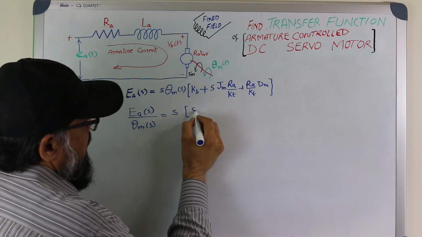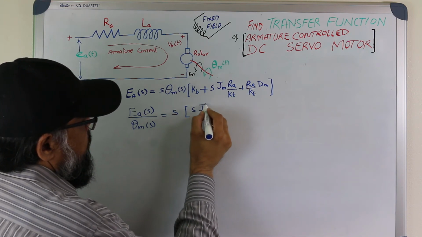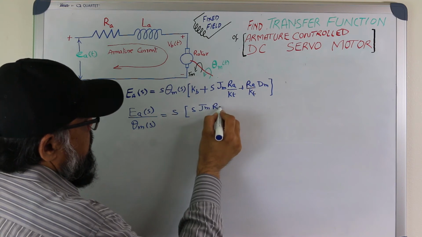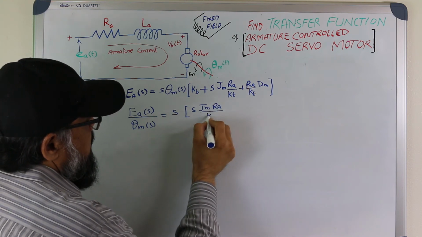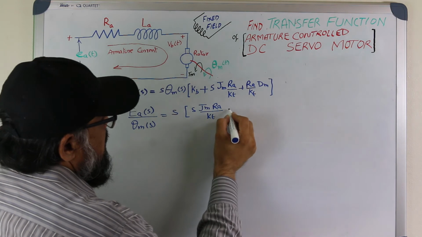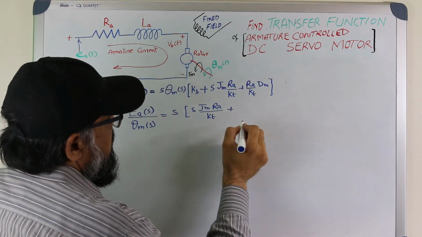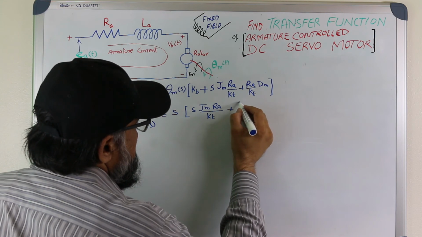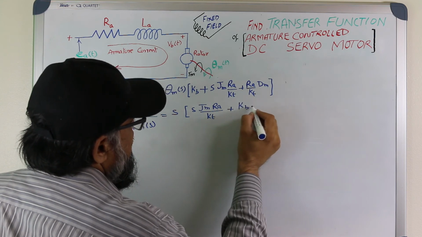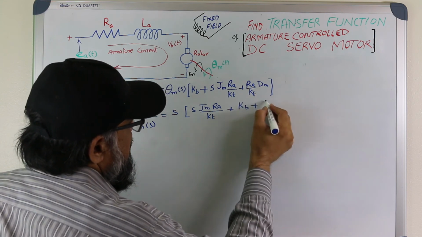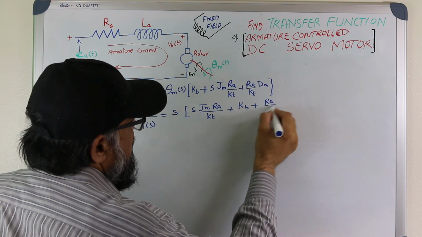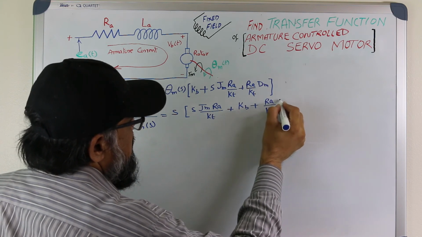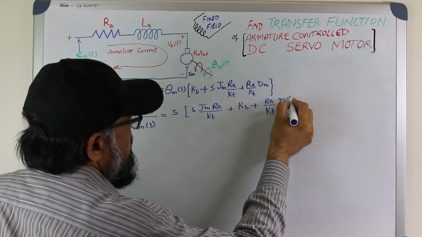So S into Jm Ra divided by K sub T plus, you can take this Kb next, and then you can take this Ra K sub T Pm.